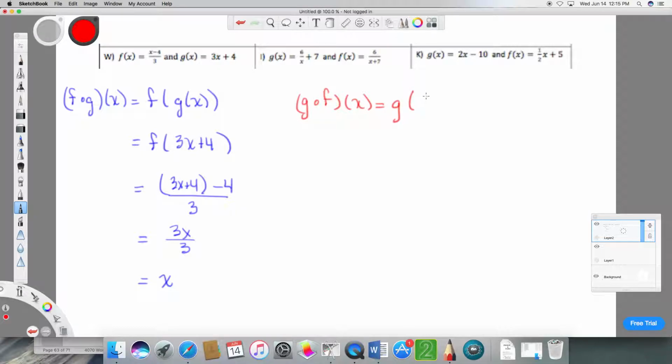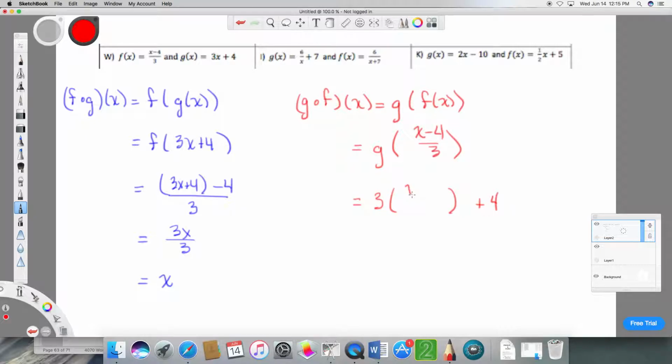So here f is the input for g. F is this ratio, and g is this linear function. G always takes 3 times the input and then adds 4.